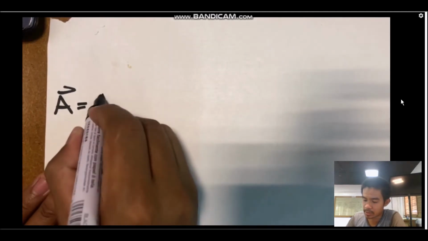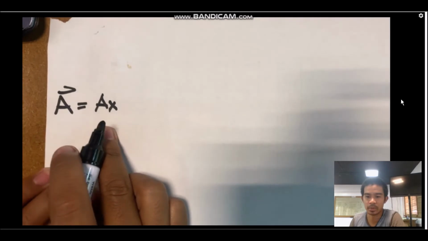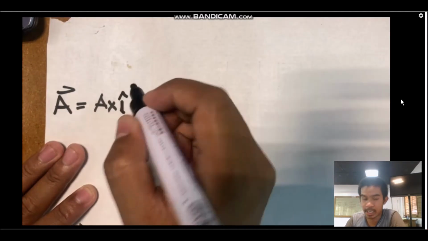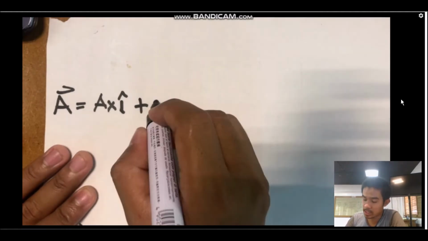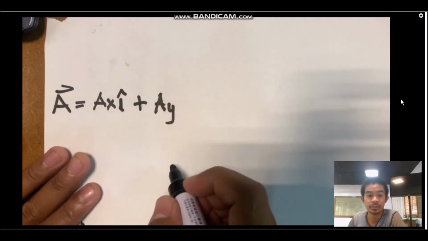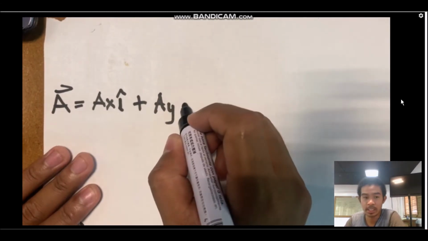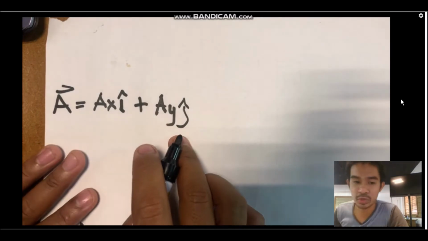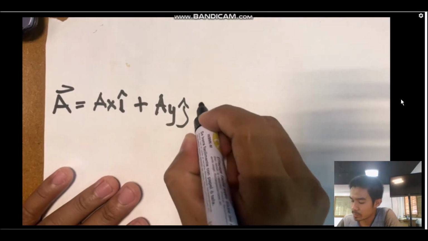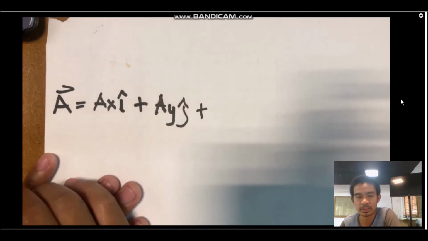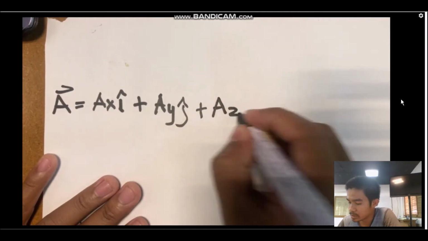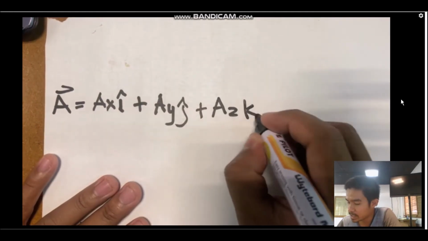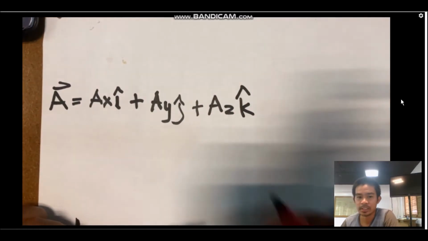Then we will have A_x, the x component of vector A, times the unit vector along the x-axis, that's i hat, plus the y component of vector A times the unit vector along the y-axis, that is j hat, plus, since we consider a three-dimensional vector here, A_z, the z component of vector A, times k hat, the unit vector along the z-axis.